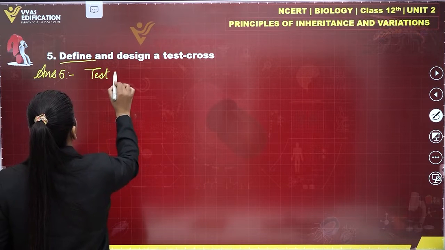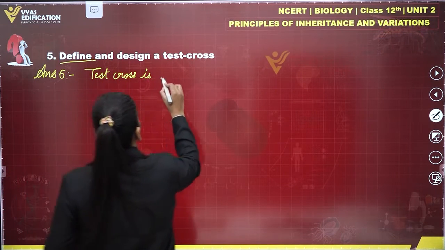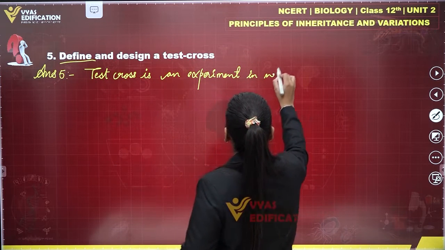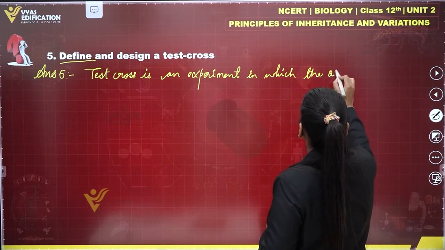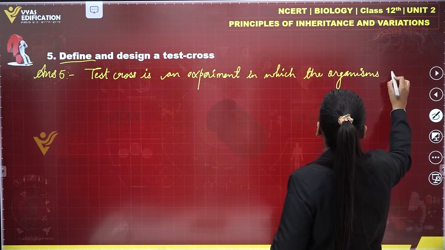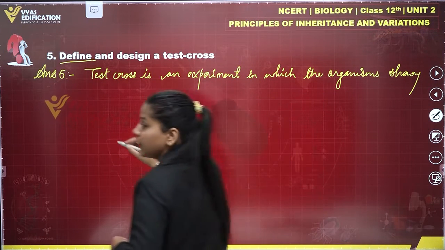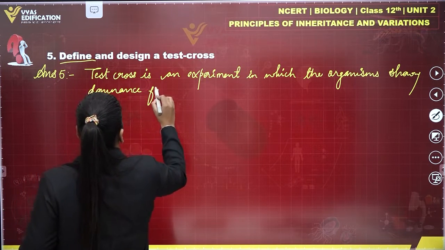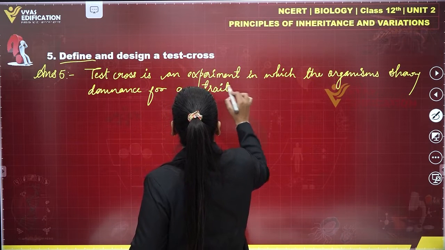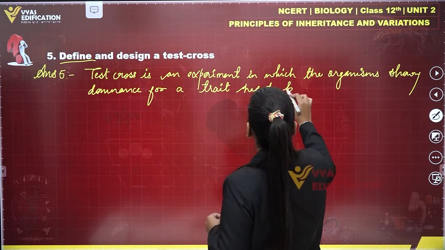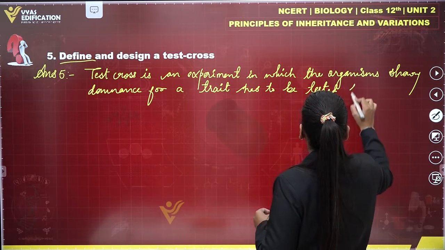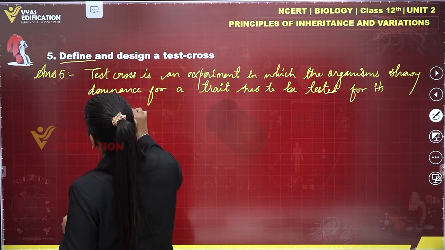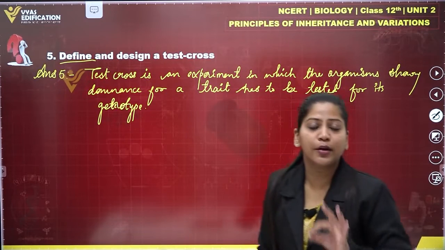Test cross is an experiment in which the organism showing dominance for a trait has to be tested for its genotype, whether the organism is heterozygous or homozygous.